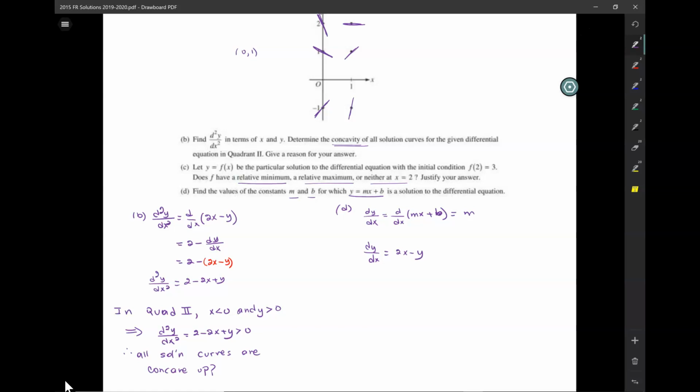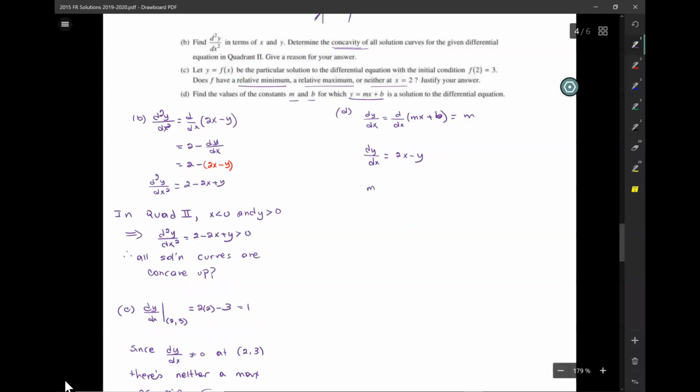That means m has to equal 2x minus y. Now, I need to solve for m and b. I have m here, and then I've got x, and then I've got y, and this is not getting anywhere. I have way too many unknowns here, so why don't I substitute a little bit?